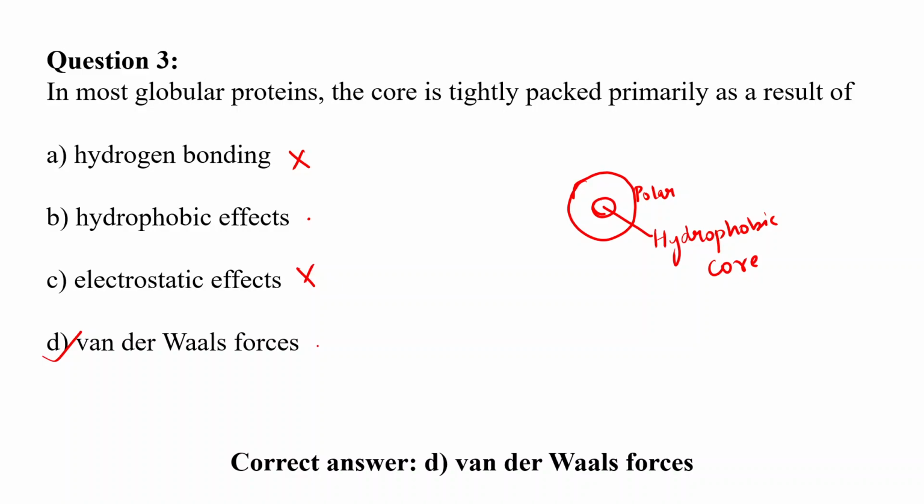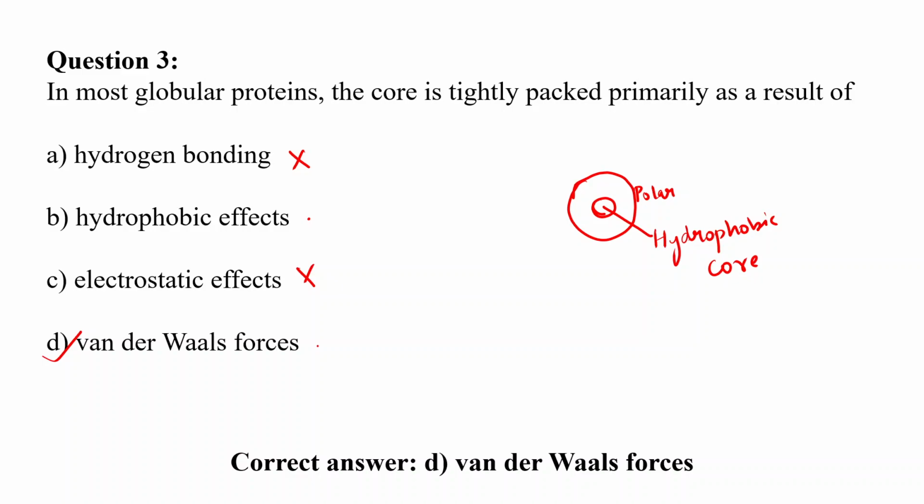And what are van der Waals forces? These are basically weak non-covalent forces between two atoms. If I have two uncharged atoms and keep them very close to each other, there will be a slight partial charge development in both atoms. Let's say one atom is slightly more electronegative than the other.